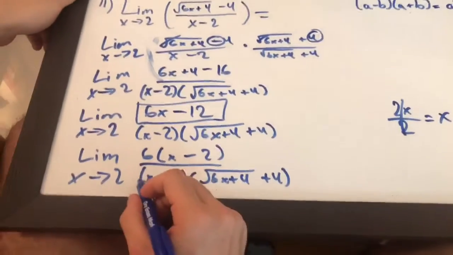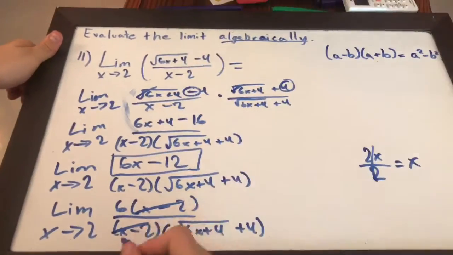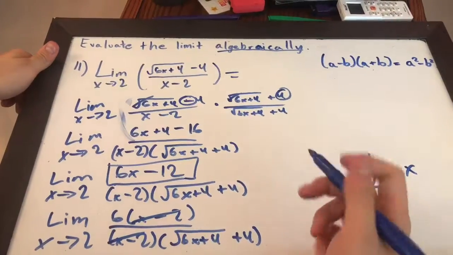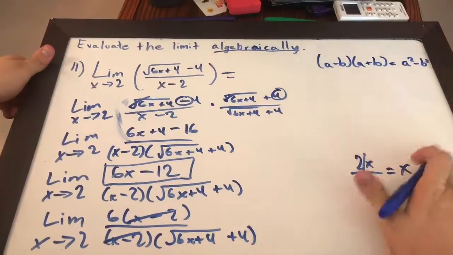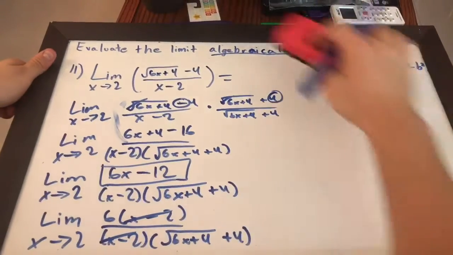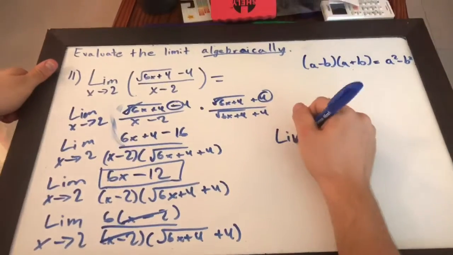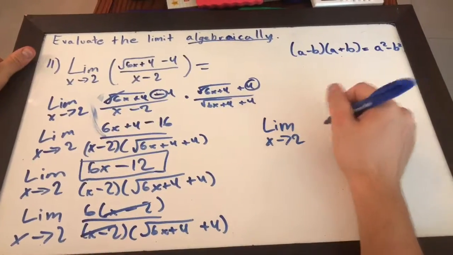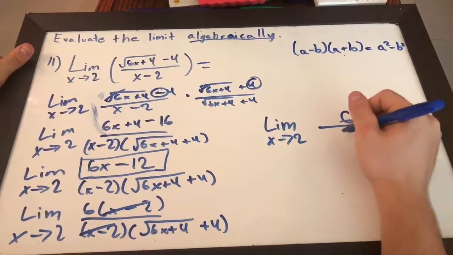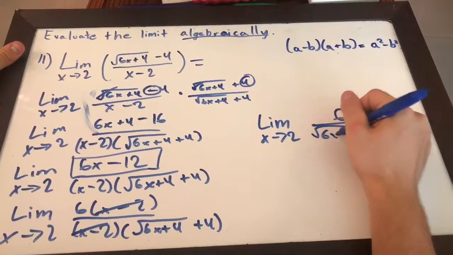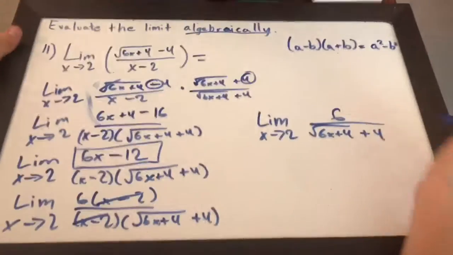Well, that's the same thing that we're going to do here. We're going to cancel them because they're dividing by that term, and we're going to rewrite it as the following: limit as x approaches 2, and we would have 6 over the square root of 6x plus 4 plus 4.